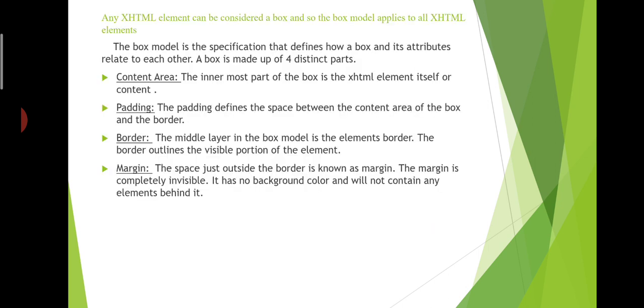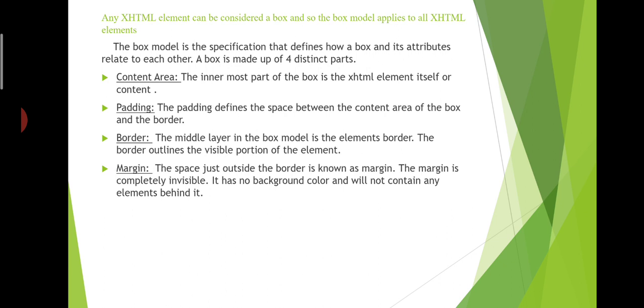The box model is the specification that defines how a box and its attributes are related to each other. Generally, this box model is made up of 4 different parts. The first part is the content area.